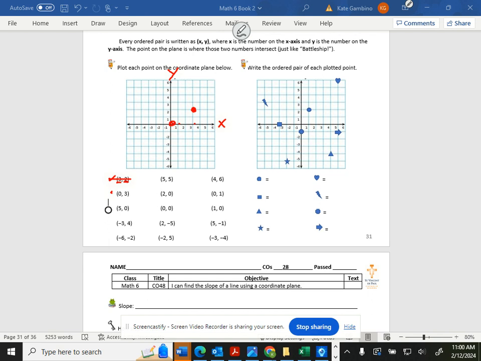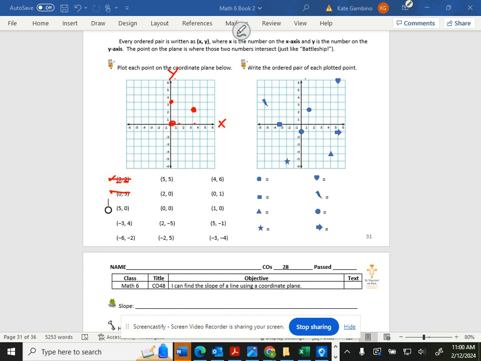That's the easiest one. I don't have to count anywhere. I just stay at 0. My y is 3. So I go up 1, 2, 3, and I'm actually on that y-axis. x is 0, so I'm going to be right on that y-axis at the 3. Then I can cross that one off.